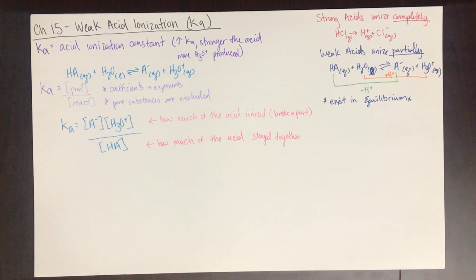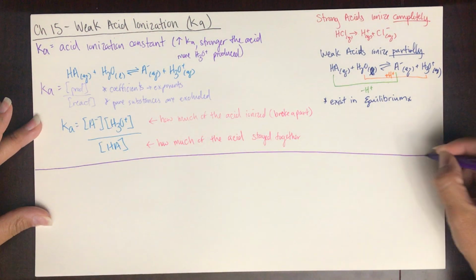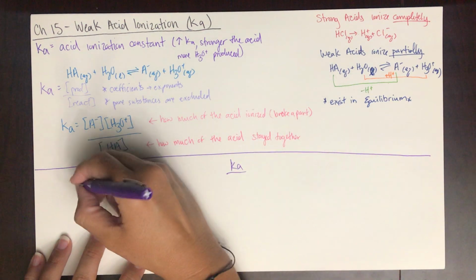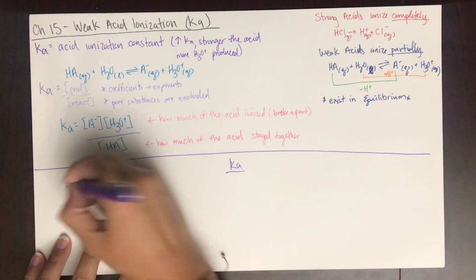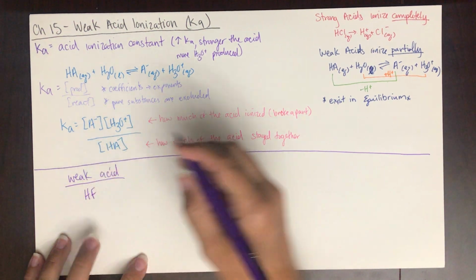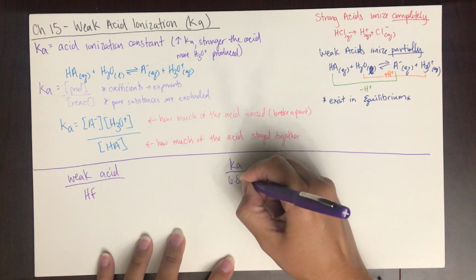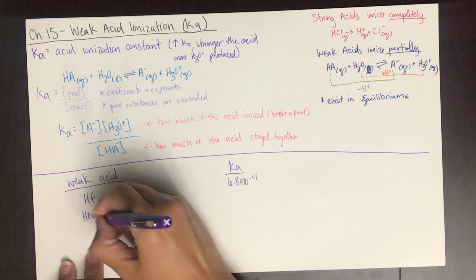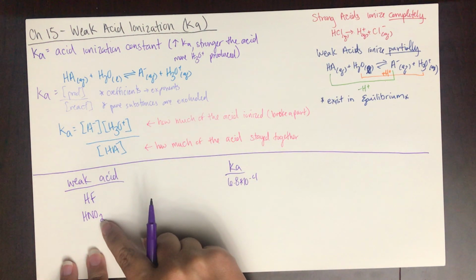So let's just take a second and rank some weak acids based on their Kas. So here is the Ka, and here is the weak acid. So let's say hydrofluoric acid has a Ka of 6.8 times 10 to the negative 4th. Nitrous acid, HNO2, not HNO3.